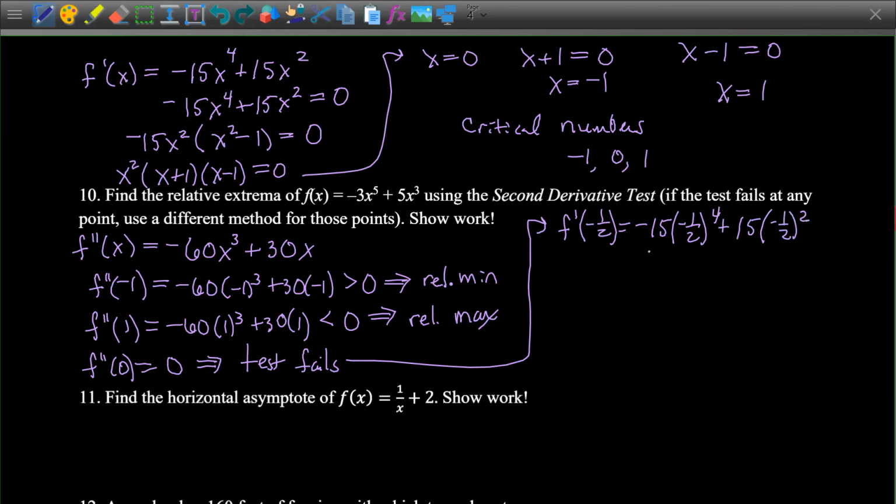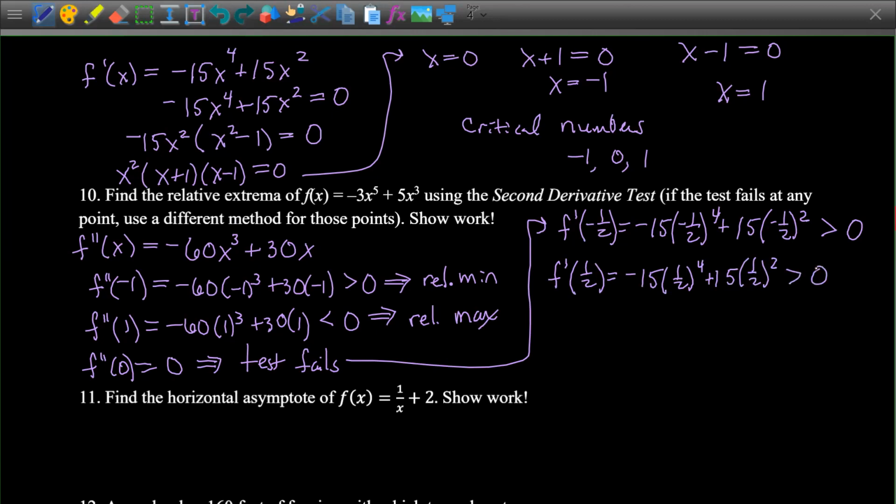You can either calculate this or you can just kind of look at it and hopefully make a correct judgment that this is positive. Now let's try a test point on the other side of 0. And this is also going to be positive.